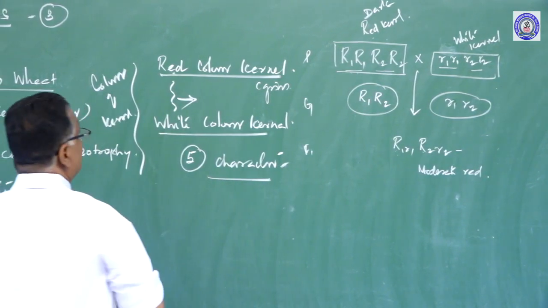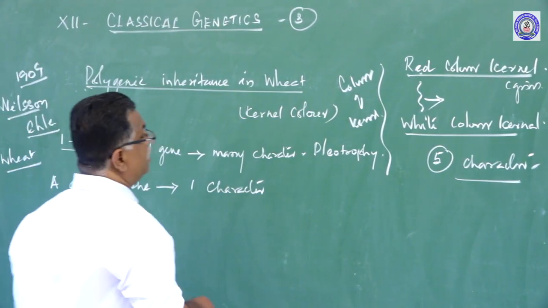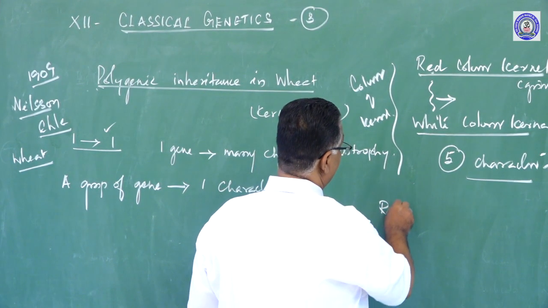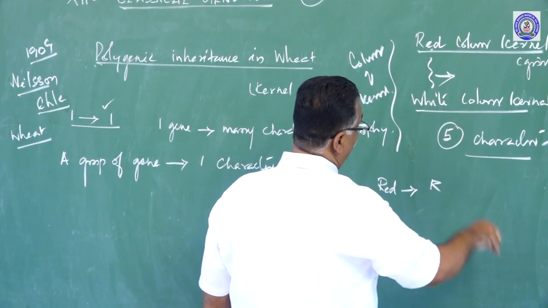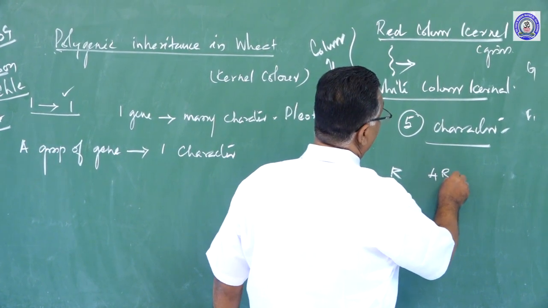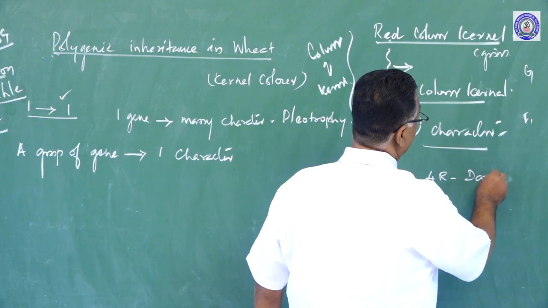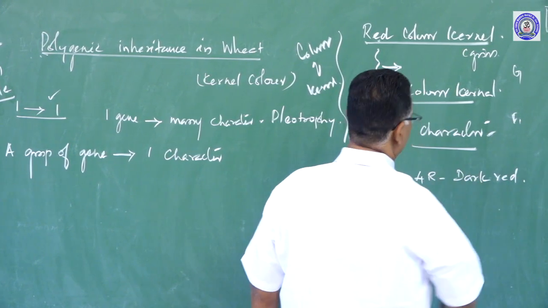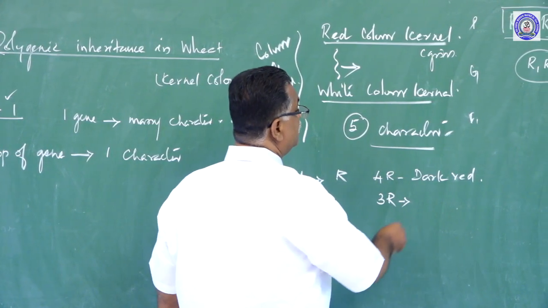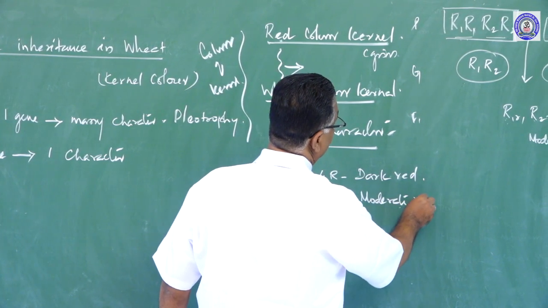To understand this concept, Nilsson-Ehle stated that the red color is determined by gene R, capital R. If 4 R are there, the color of the kernel will be dark red. If 3 capital R genes are there, that will be moderate red.